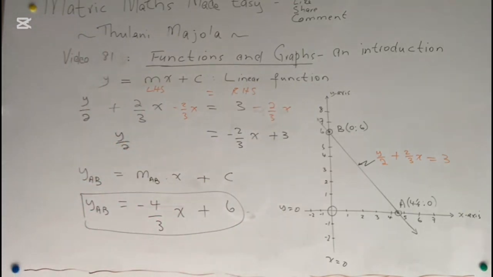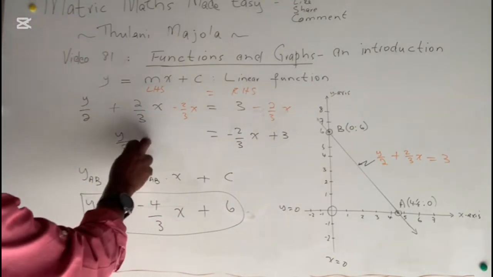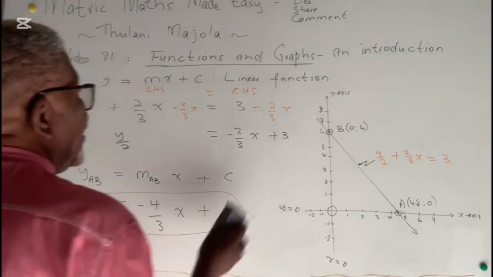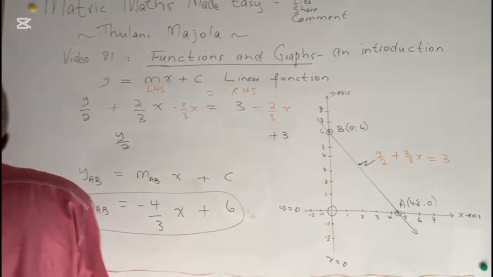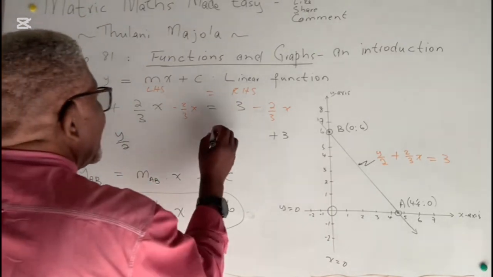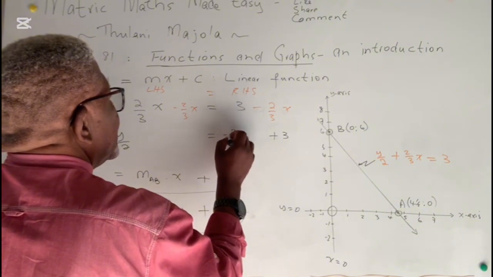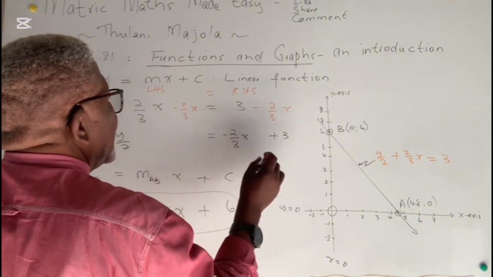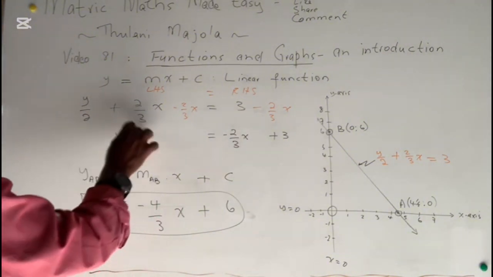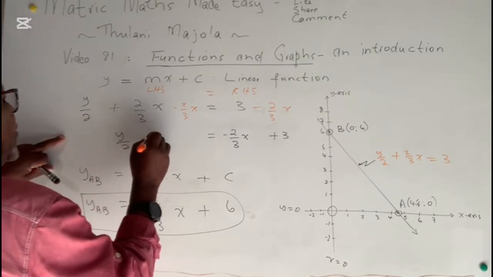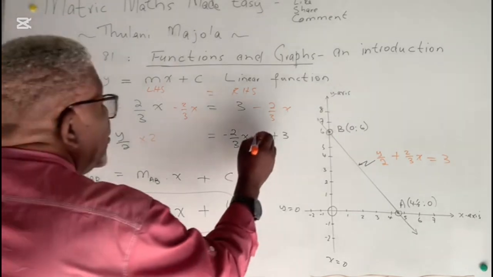So now, same story. We need to get rid of this 2 on the y. So to get rid of this 2, you multiply by 2. We multiply each term by 2.